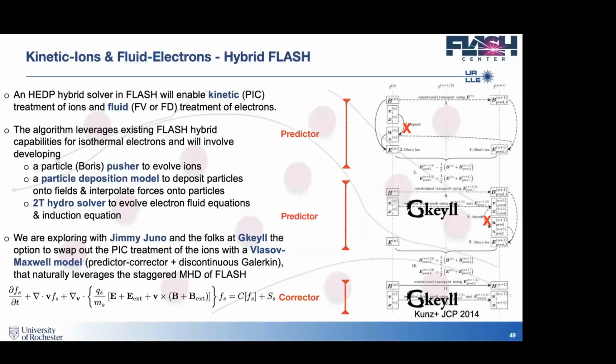So when trying to model experiments that are happening in laser facilities like Omega or NIF, you need to make this sort of cost-benefit analysis to see what type of physics you want to be able to capture. So if you want to do an ab initio simulation in which you're shooting a laser at something and creating a flow, and then you have that flow interacting with a different plasma flow, that will require taking a step away from trying to resolve the very fast motions of the electrons.